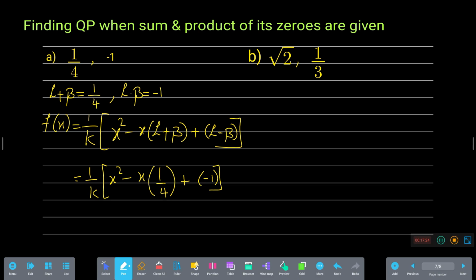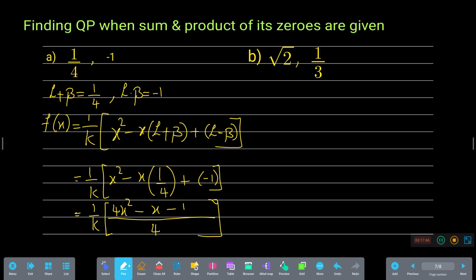Okay. So if we take 4 as LCM, what we'll get? 1 by k into 4x square minus x plus into minus is minus 1. Right.